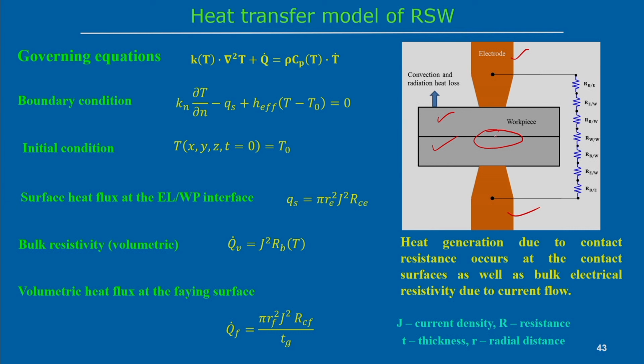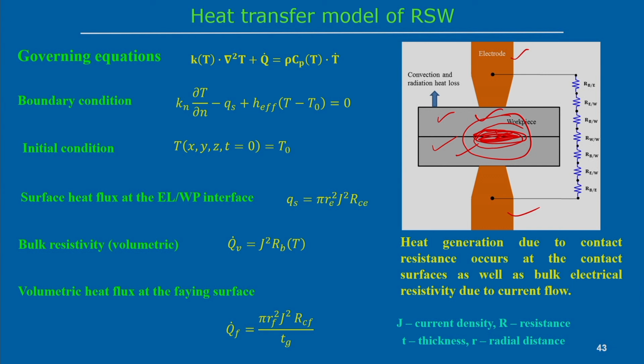Once there is a flow of current, heat is generated due to the resistance, creating a molten pool, and after solidification these two sheets can be joined. Now, we can see how many resistances are there.